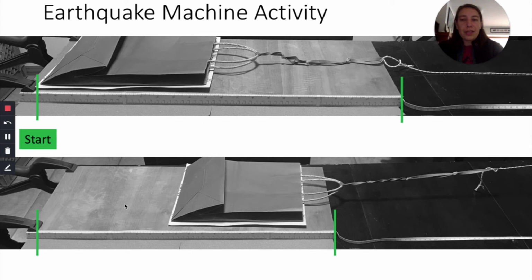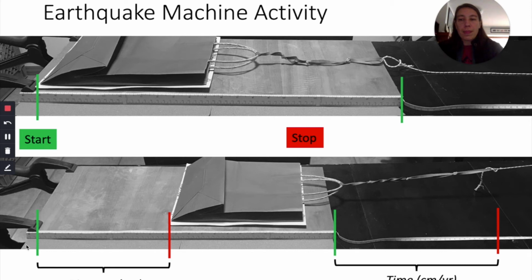Once you pull it, so you can see now the earthquake has happened, the weighted bag has moved forward, we're looking for the stopping distance. From where it began to where it ended is how far it slipped, and from where the elastic began to where the elastic is now stretched is the pulling distance.